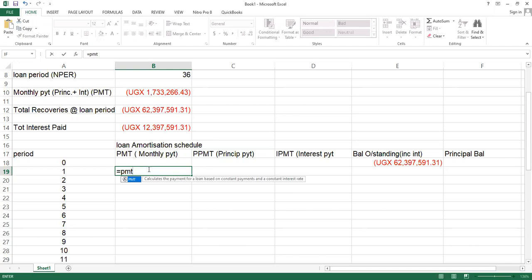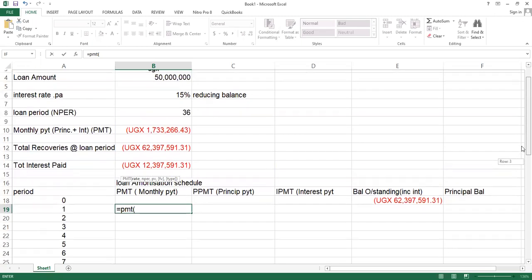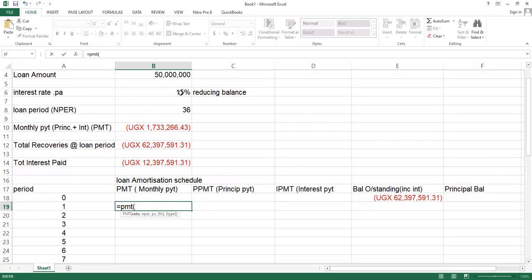Then I open the brackets. It is asking for the rate. So the rate is 15%. But remember, this rate is per annum. So I need to divide this rate by 12. Then I put a comma. Then it is asking for NPER, number of periods. The periods are 36. So I click in 36. Then I put a comma.